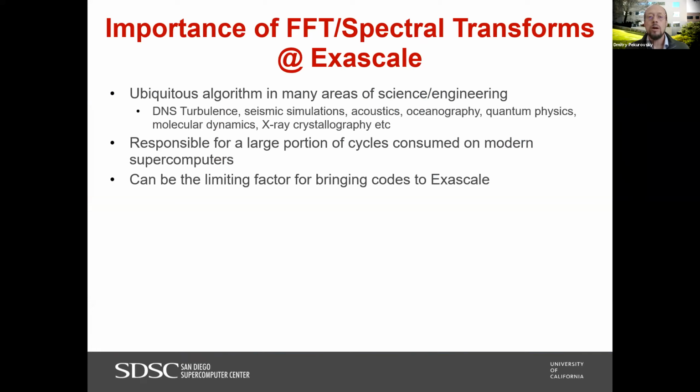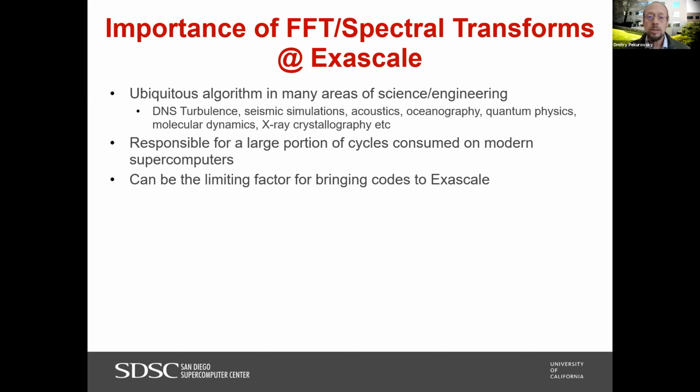Traditional big users of fast Fourier transforms, or FFTs, are DNS turbulence simulations. But they are also used in many other areas. I'll just name a few, but this is not an exhaustive list: seismic simulations, acoustics, oceanography, quantum physics, molecular dynamics, X-ray crystallography, and so on.